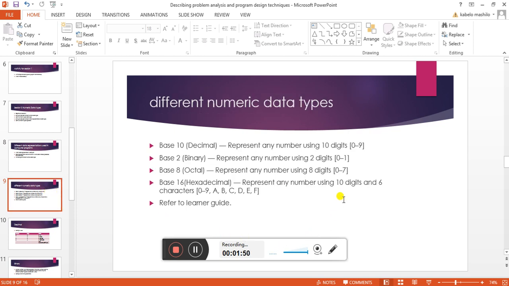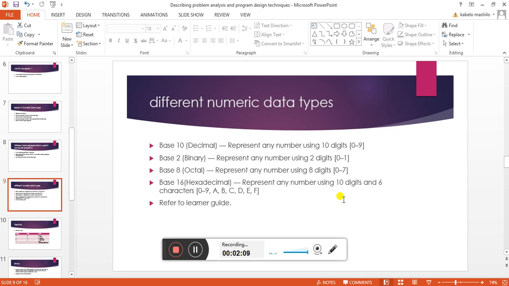The first one is decimal, which has a base 10, which represents any number using 10 digits, counting from 0 up to 9. And we've got binary, which has a base 2, which represents any number using only 2 digits, zeros and 1.